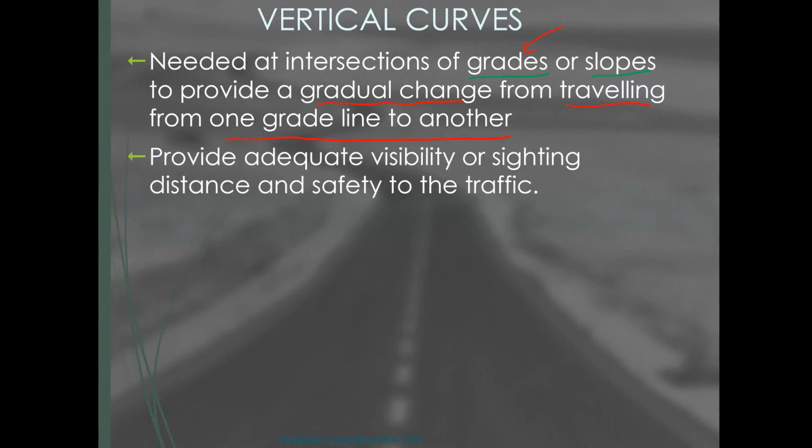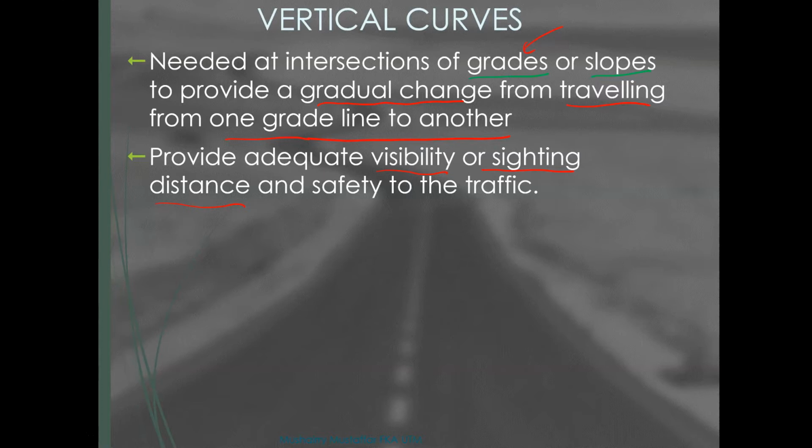When we talk about vertical curve, I think you will realize by now that when we go up a hill in a vehicle, our visibility or sighting distance, meaning what we could see on the other side of the curve, is limited.